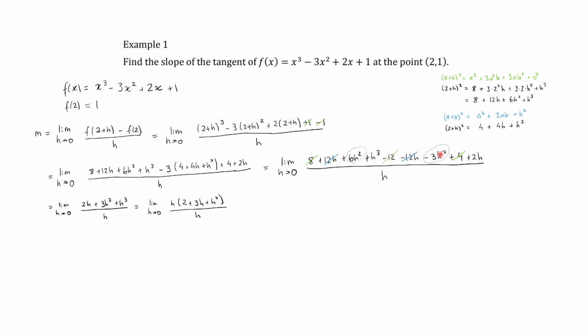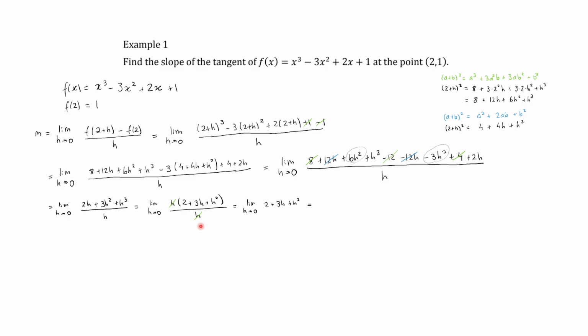Those two h's are going to cancel out, and we are going to end up with the limit as h approaches 0 of 2 plus 3h plus h squared. And once we evaluate this limit, which we can now because we no longer have that h in the denominator, which would cause us to have division of 0, right? We do not divide by 0.